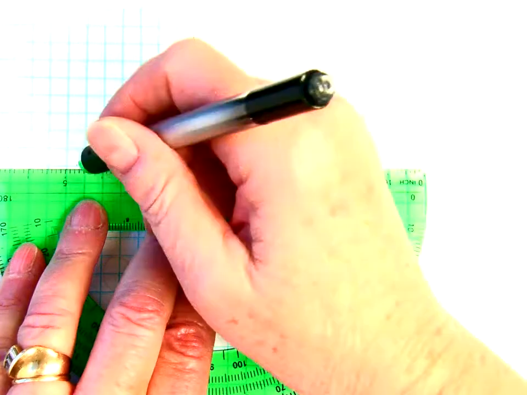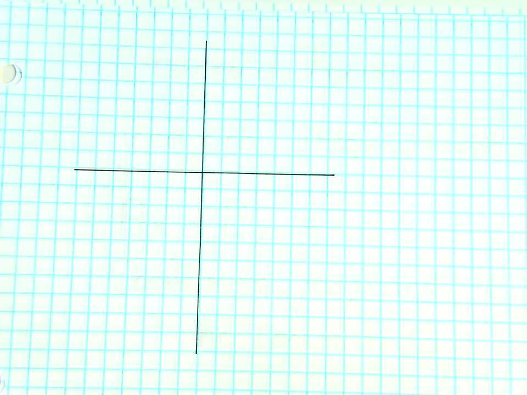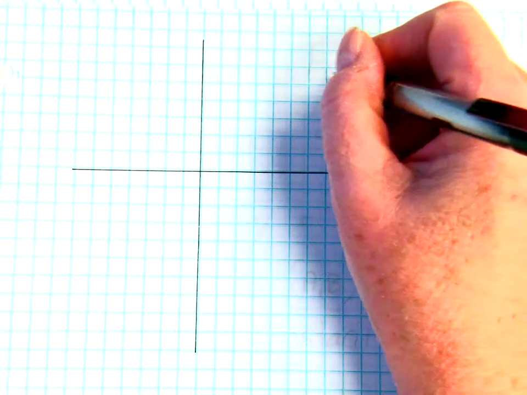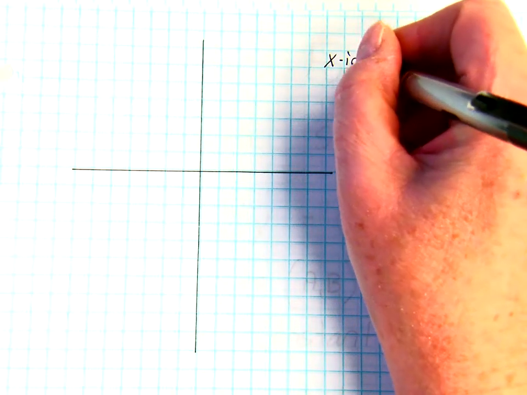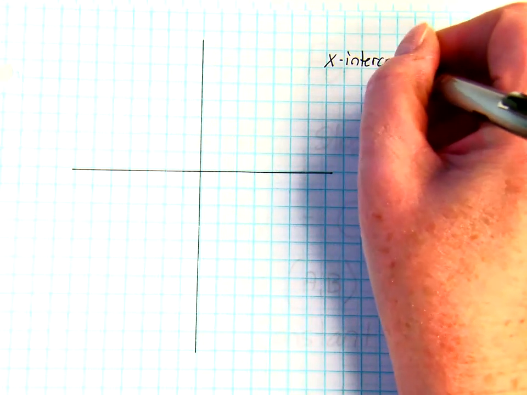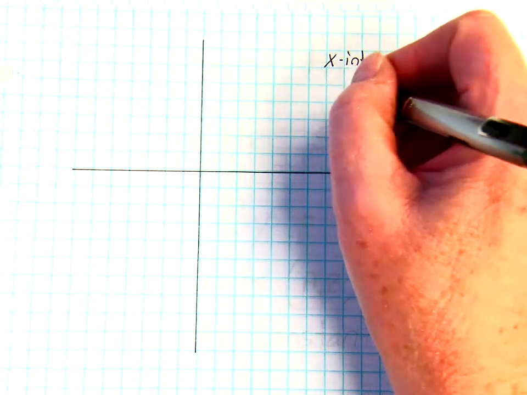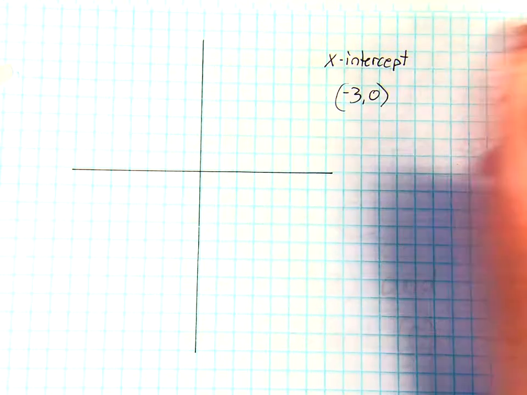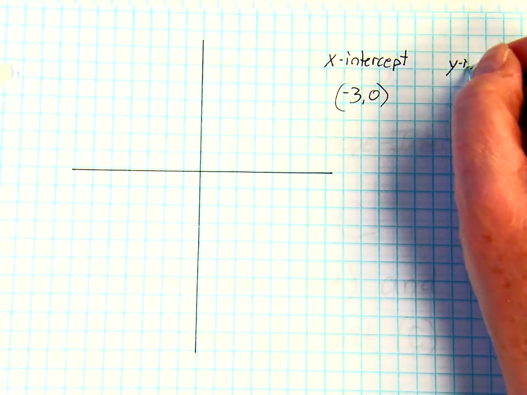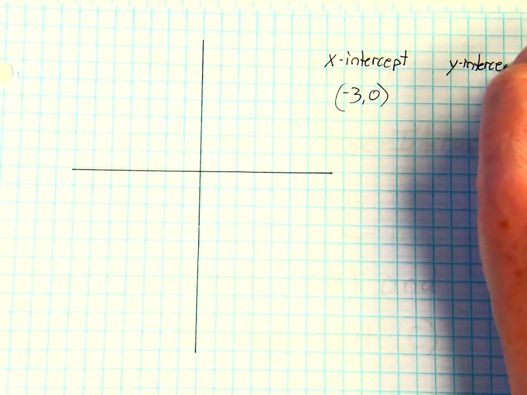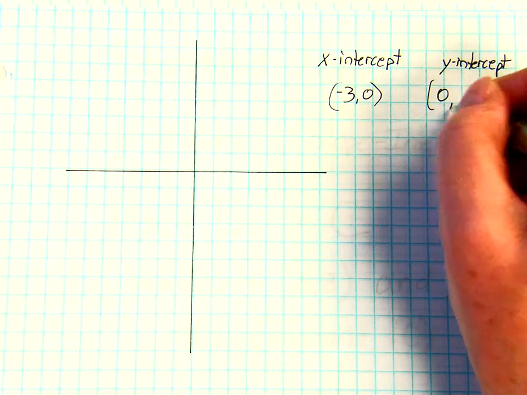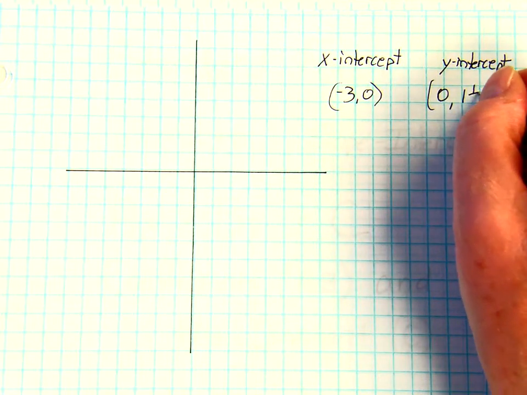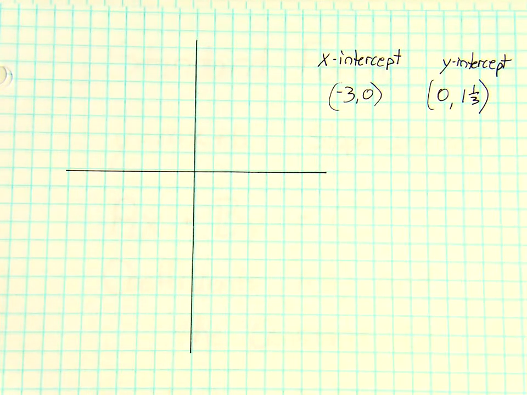Here's my coordinate plane. If you remember, I had the 2 points. My x-intercept was -3, 0, and my y-intercept was 0, 1 1/3, or 4/3.